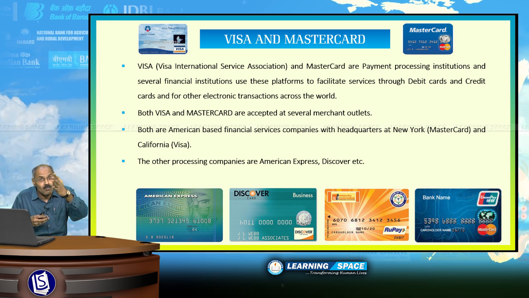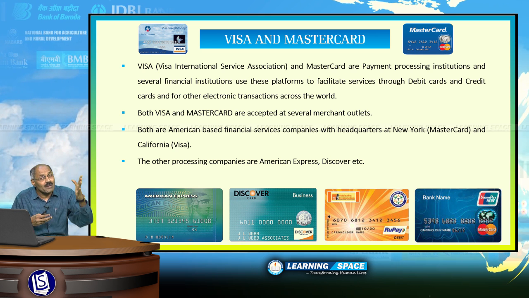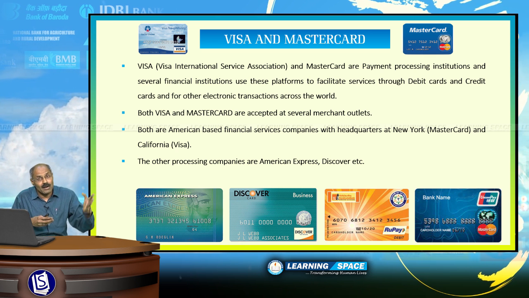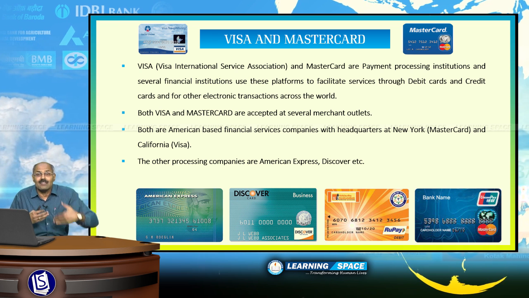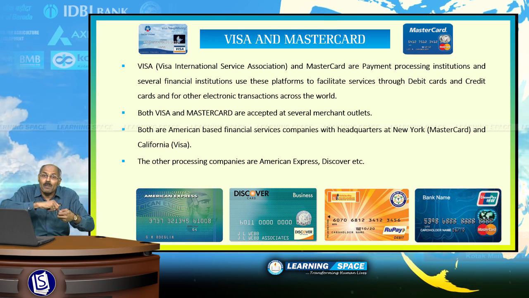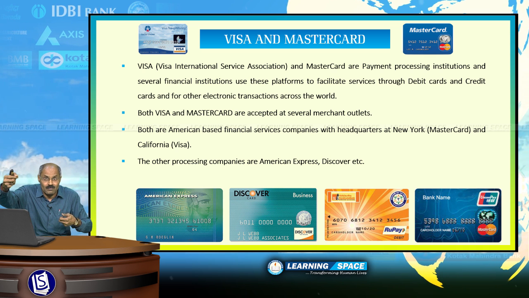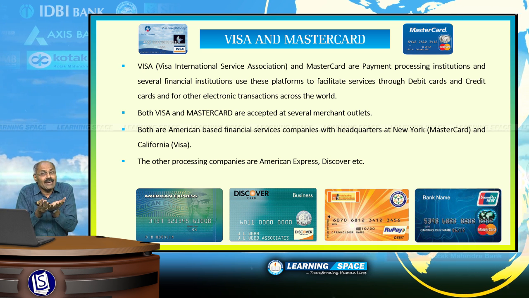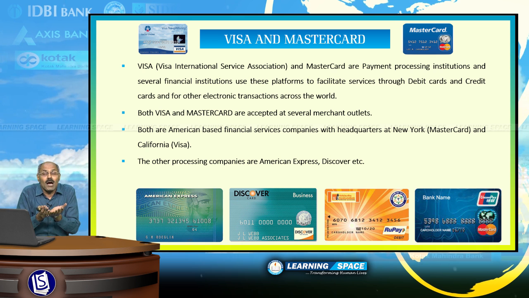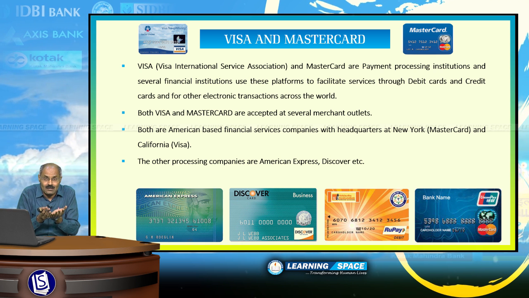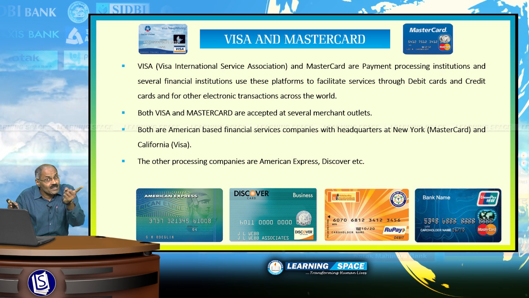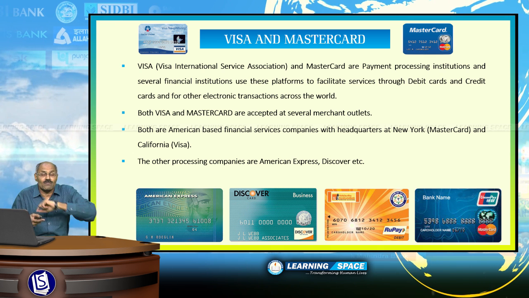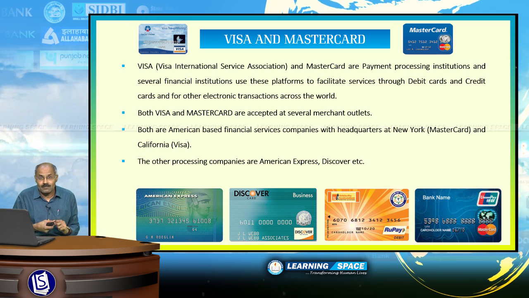Visa and MasterCard are American based companies headquartered at New York and California, and as we are using their platforms, we have to pay a lot of foreign exchange to them. Our own indigenously developed platform RuPay is available at present, and Union Pay is the platform of China, please don't forget. Visa and MasterCard, these two are the platforms of the United States of America, right.